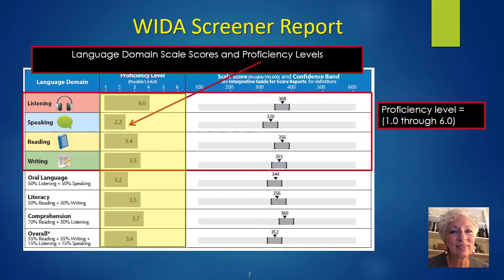So this visual is actually a section of a report from an annual ACCESS test where WIDA has already computed the proficiency levels for the student.